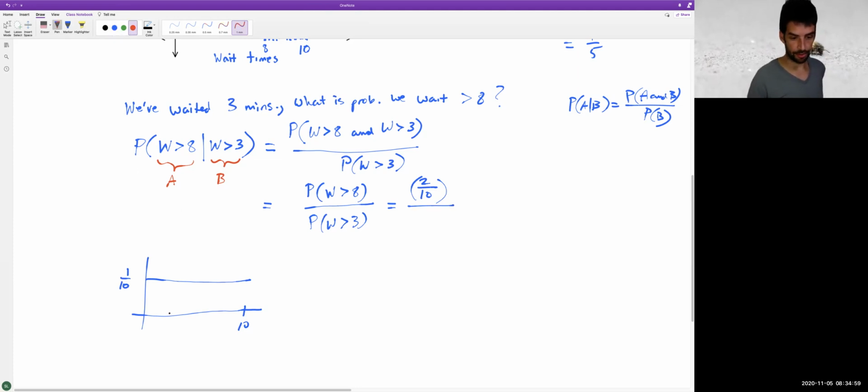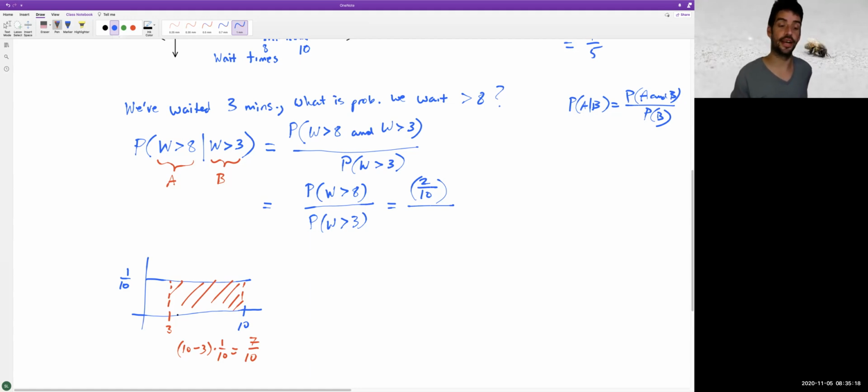Let's do greater than 3. 3 would be sitting here. And we'd be looking for this area. This area is going to be 10 minus 3 times 1/10, or 7/10. That area represents the probability of being greater than 3. So we get 7/10 here.